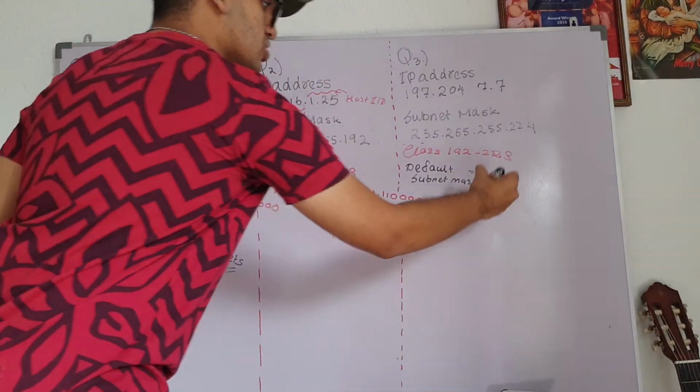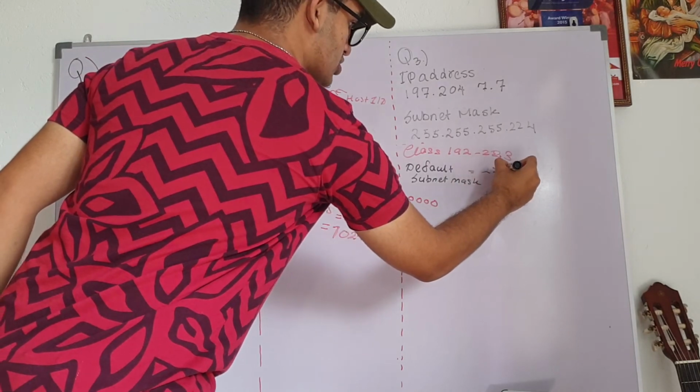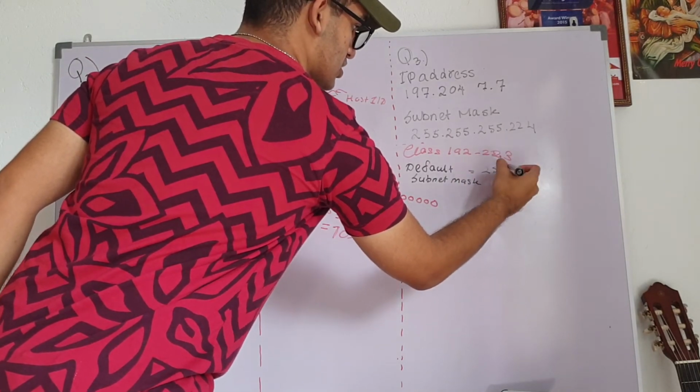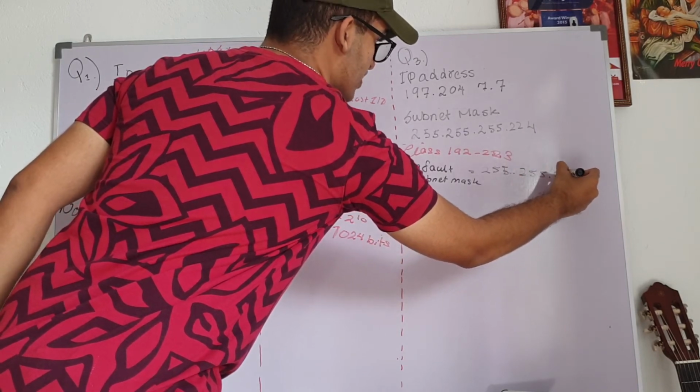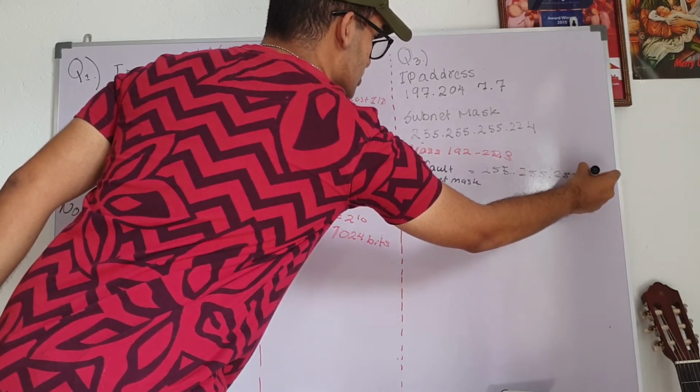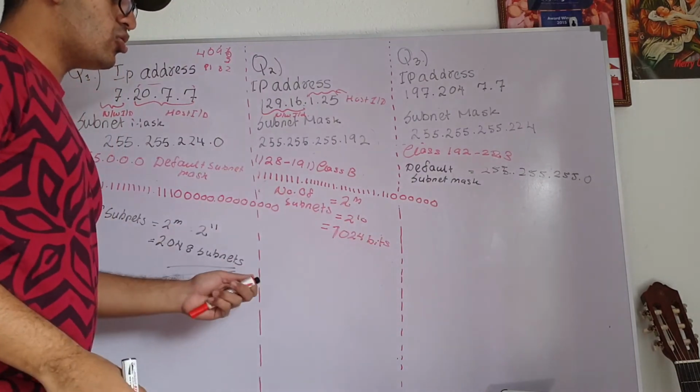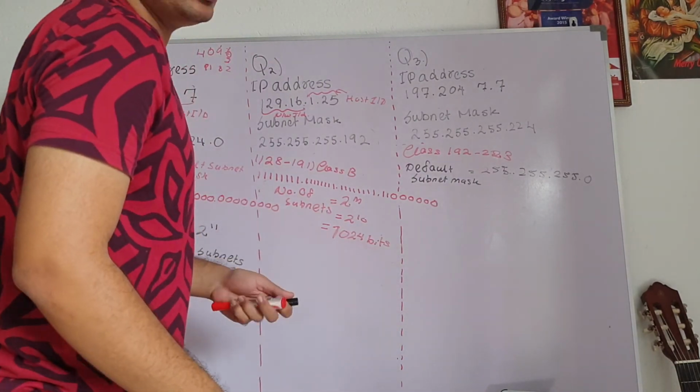255.255.255.0. So now that we know the default subnet mask, we should also know the network ID.